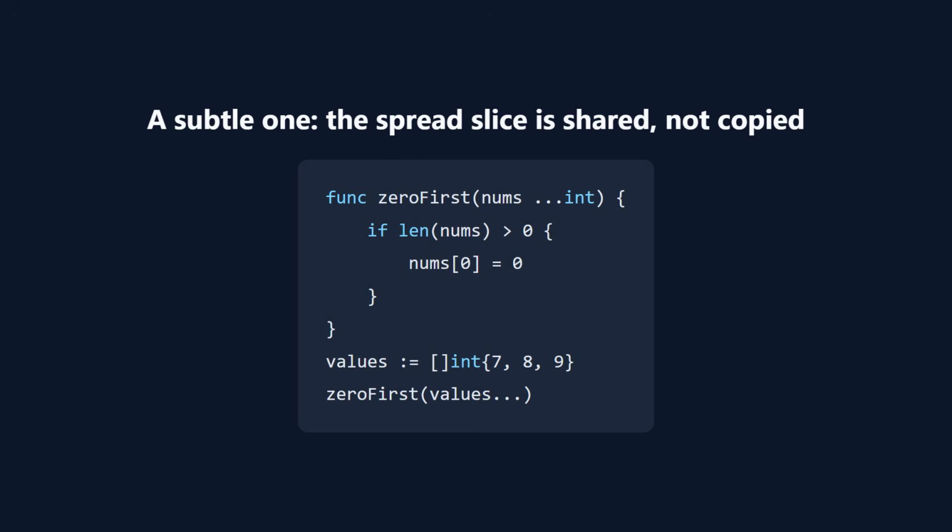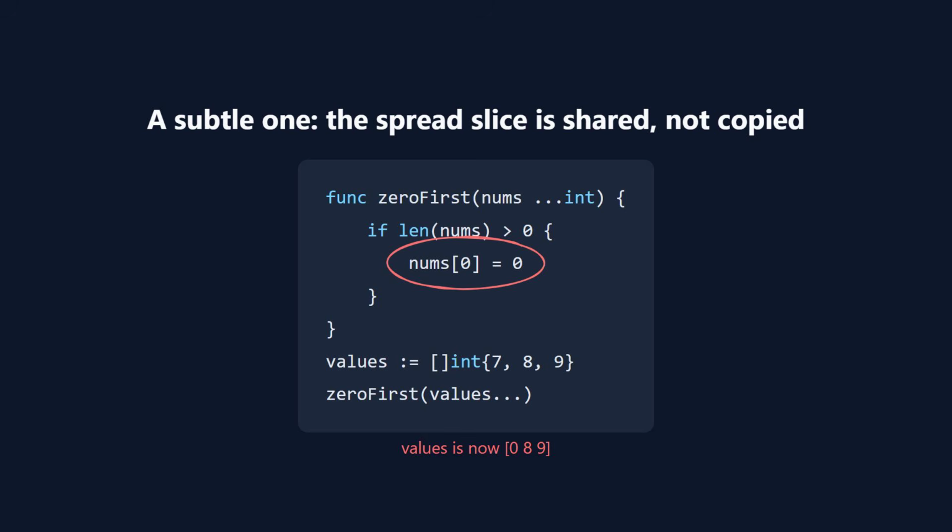This function sets the first element to 0. Nothing surprising. But after we spread values into it, values itself has changed. It is now 0, 8, 9. The last video told you arguments are copies. So what happened? When you spread a slice, the function receives the same underlying array, not a fresh copy of it.